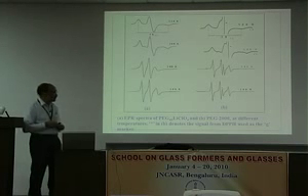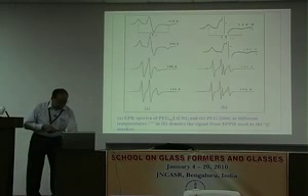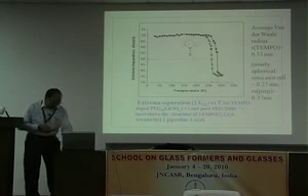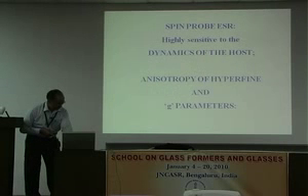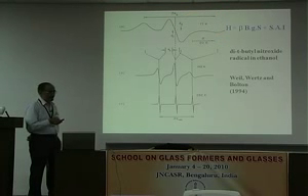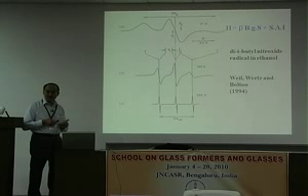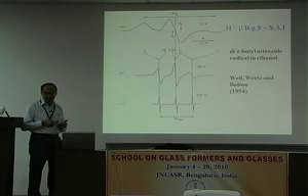So, we did spin probe ESR on that and found a glass transition in this sample, and what one does is, let me go back here, one measures the separation between these two peaks. This is twice the hyperfine coupling constant, the Z component of the hyperfine coupling constant.